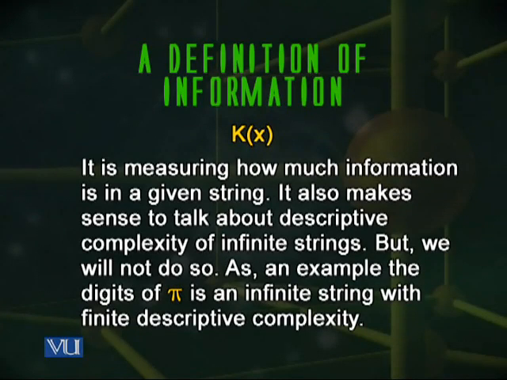It also makes sense to talk about descriptive complexity of infinite strings, but we will not do so. As an example, I'll once again remind you that the digits of pi is an infinite string with finite descriptive complexity, as you can have Turing machines which, when you run on some input, start producing output and never halt.